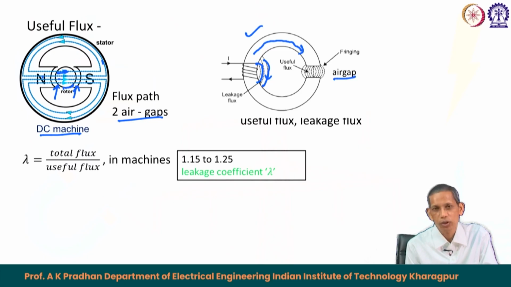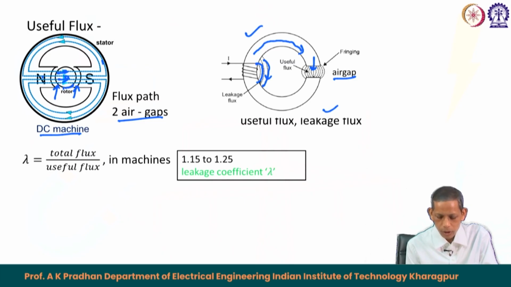Because it does not go through the core and the air gap, it becomes wastage flux, called the leakage flux. The flux which crosses the rotor and the air gap here is the useful flux, beneficial for the particular application, but the flux which does not traverse the core or the air gap is called the leakage flux.